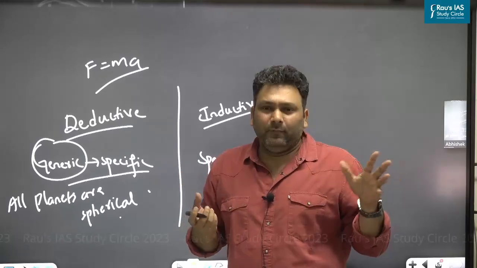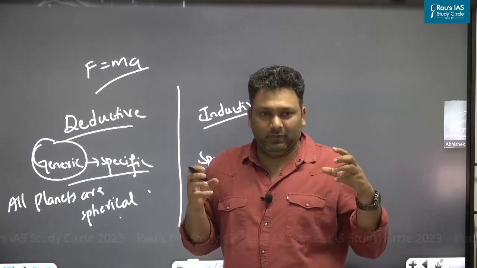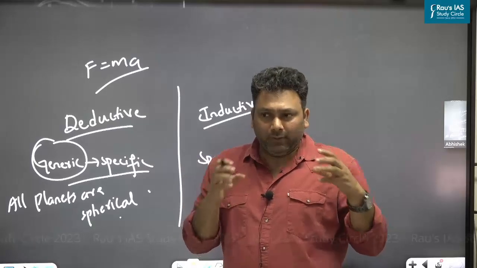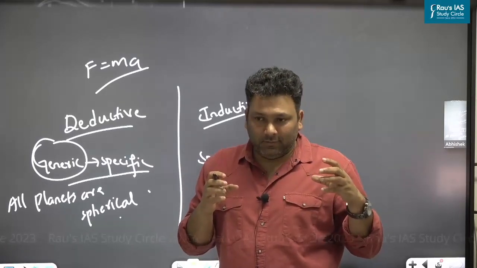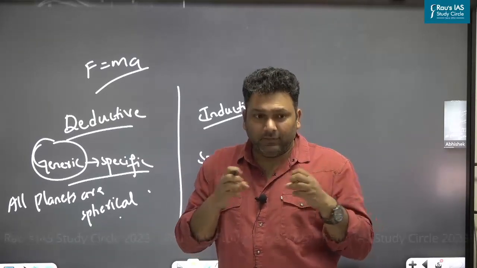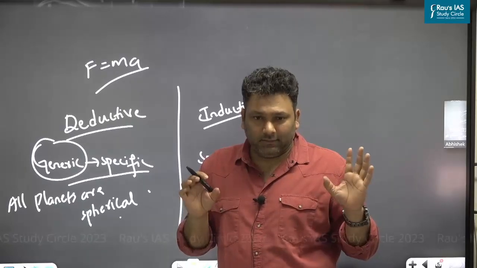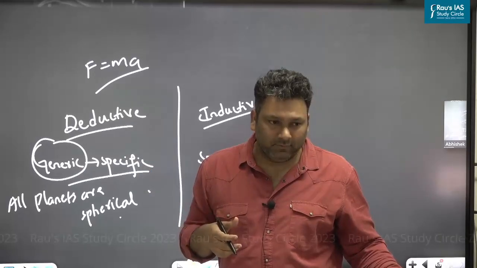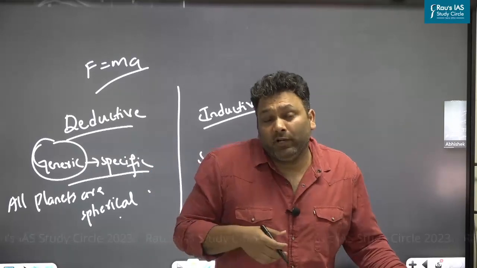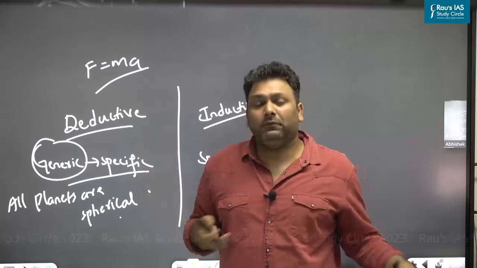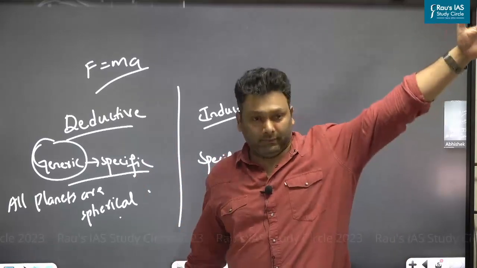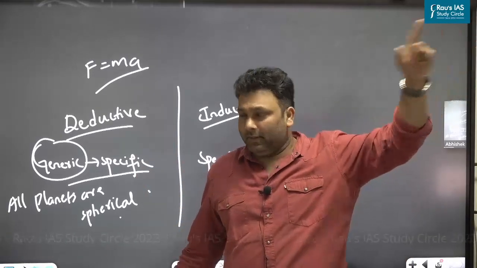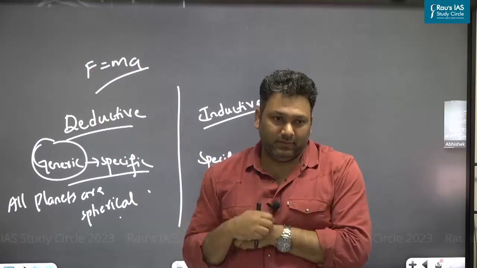No. For example, you're taking electron and electron. What is the force between two electrons? The force of repulsion. Do you think the same is applicable between them? No, it's not applicable. So Newton has observed all these objects at a macro scale, and then he has come up with a generalization.